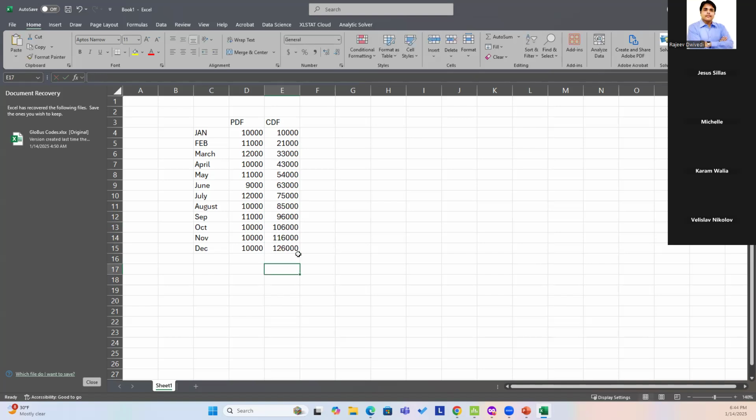So how much somebody has received in total. Now, what is the importance of this and that?